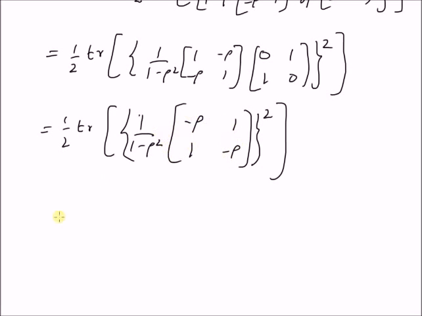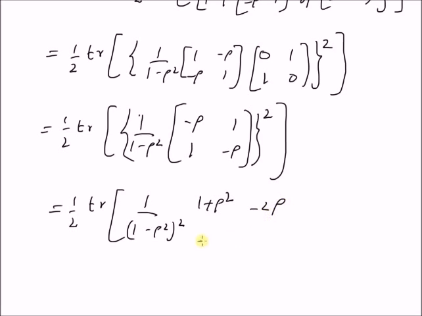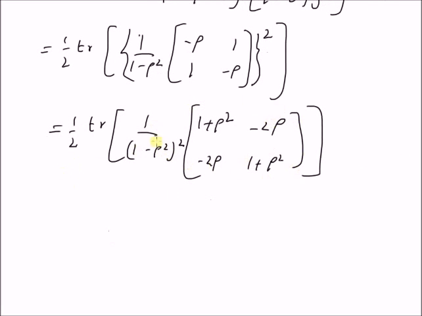So the square of this matrix is equal to 1 by 2 trace of 1 by 1 minus rho square whole square multiplied by the square of this matrix, which is [1 plus rho square, minus 2 rho; minus 2 rho, 1 plus rho square]. And the trace of this matrix multiplied by 1 by 2 is clearly what we need.